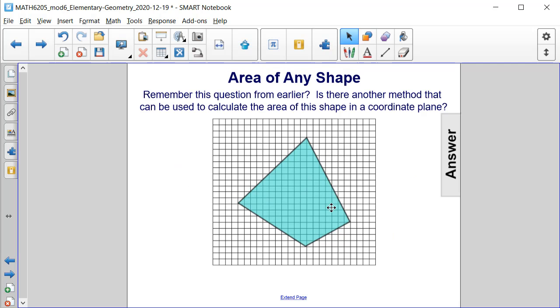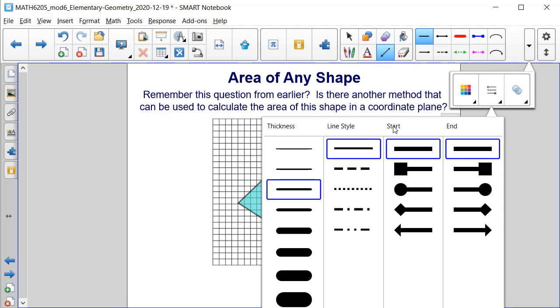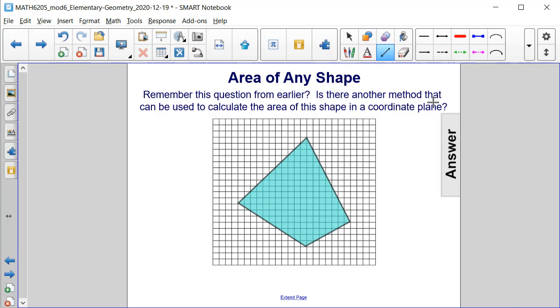If you remember, we had this question, or the area of this shaded region, earlier. Is there another way that we could calculate the area of this shape in a coordinate plane? There actually is. We could end up splitting this into two separate triangles.